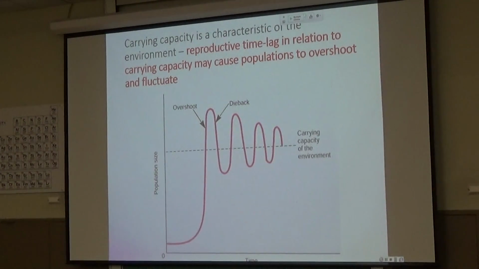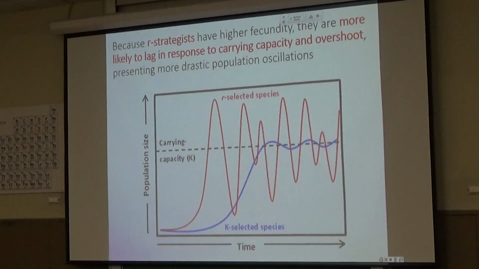It's going to take a few generations for that to kick in in terms of death rates and decreased birth rates. So r strategists tend to overshoot the carrying capacity by far, then die back tremendously and oscillate around the carrying capacity. This is mostly caused by this inertia in population growth and the time it takes for the population to respond to resource limitation.